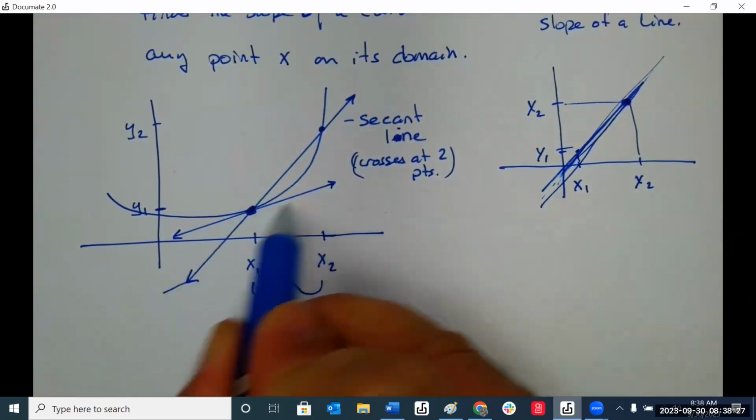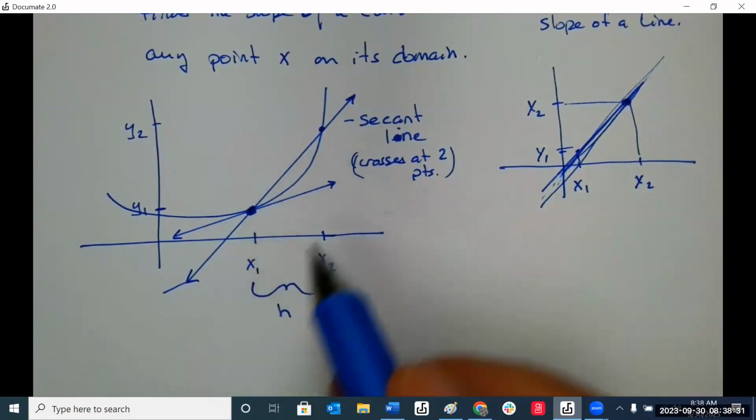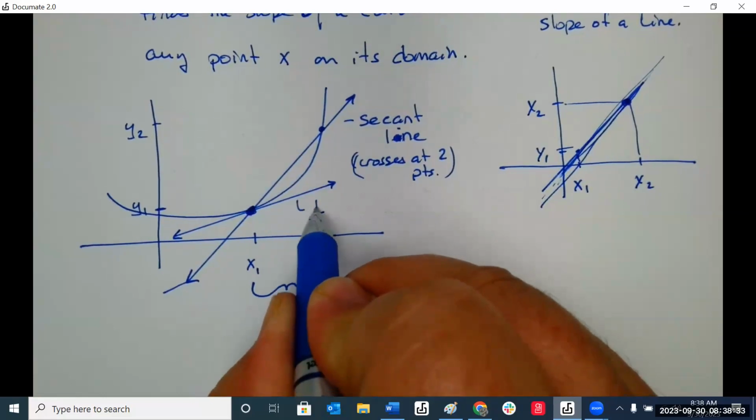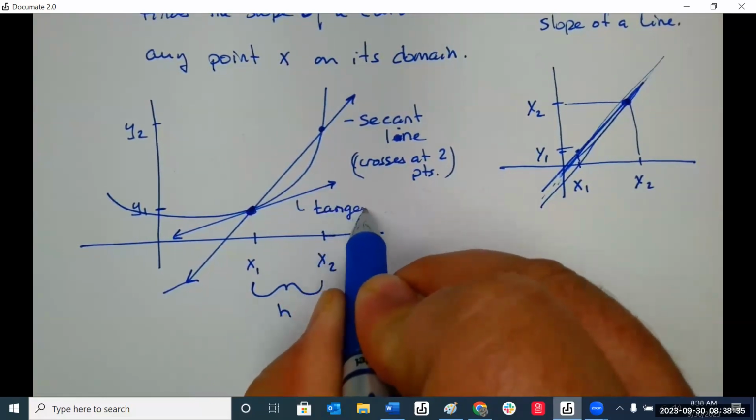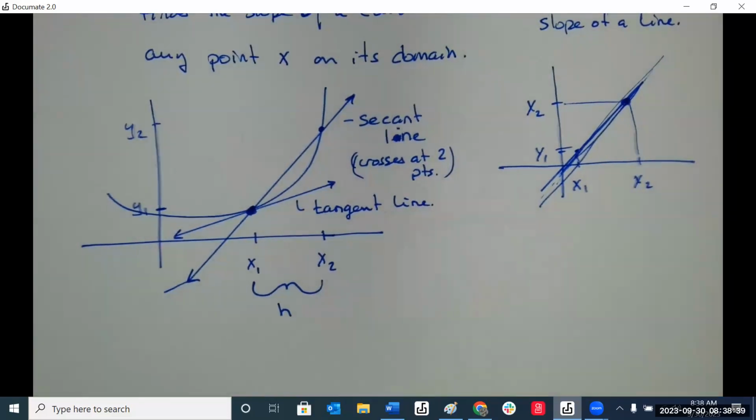So if we know the slope of this line, then we know the slope of the curve at that point. This is called a tangent line. The tangent line only touches a curve at one point.